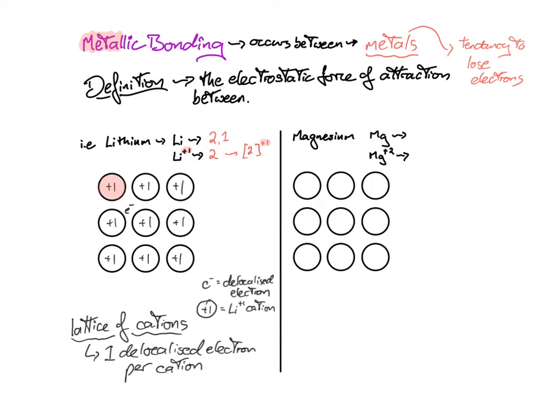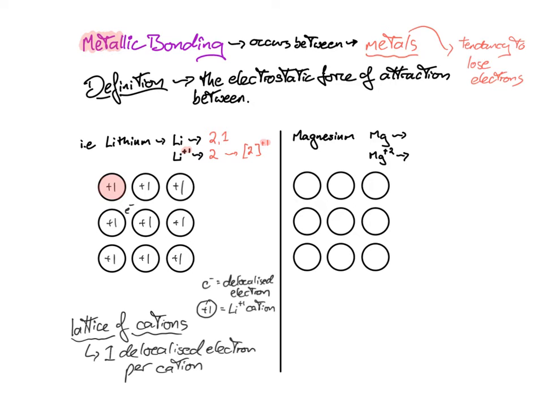Now, have a quick think. How many more electrons do you think I'm going to have to put in on this diagram? Well, for this diagram, I have chosen to draw in 9 cations. People often ask, why is it 3 by 3? It's 3 by 3 because that's big enough to show what's going on, but small enough not to be a complete pain to draw.